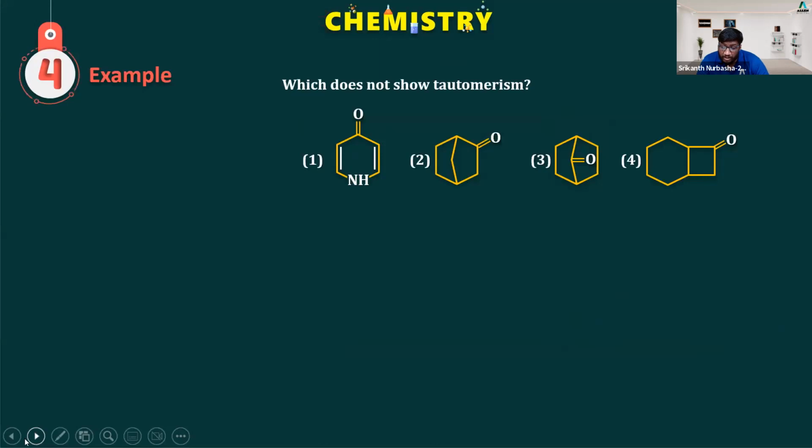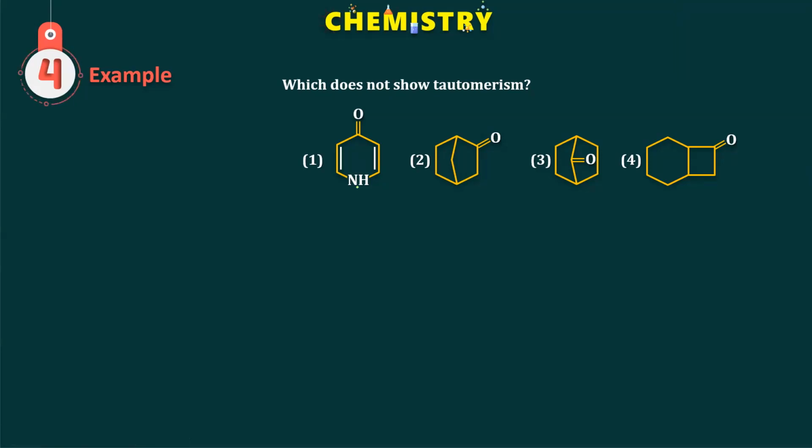Which does not show tautomerism out of 1, 2, 3, 4? Out of these 4 structures, which will not show tautomerism? Will compound A show tautomerism? Yes, sir. Because this is alpha and conjugated hydrogen is available. Although the alpha carbon is sp2 hybridized, the alpha carbon is actually in conjugation with the next NH bond hydrogen.